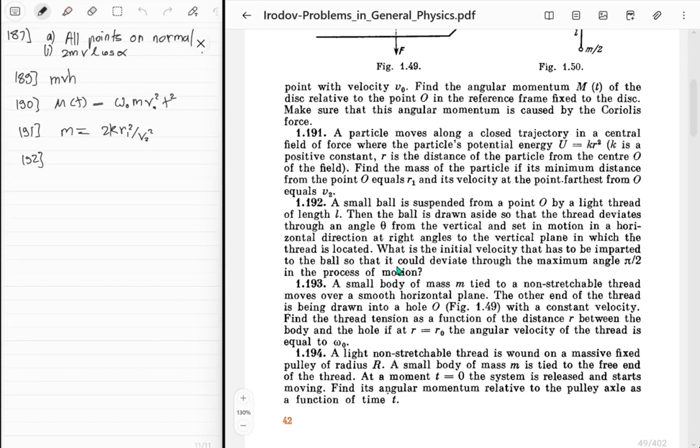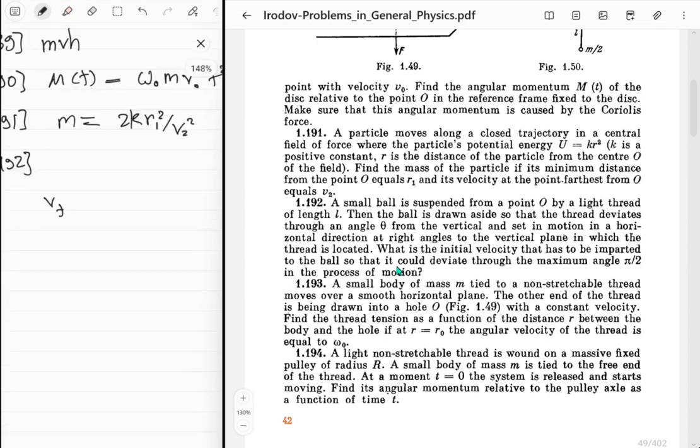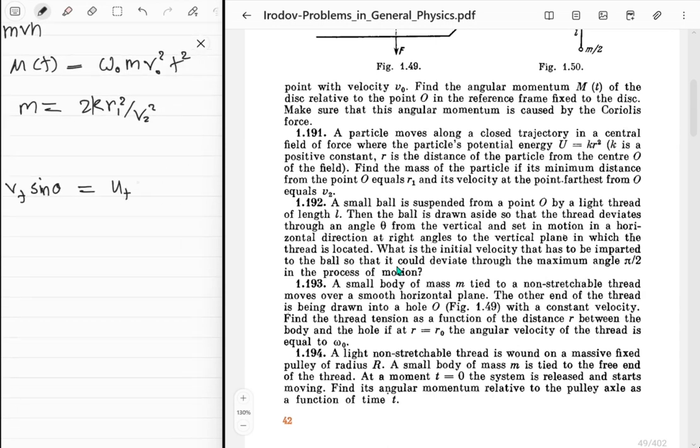Using that equation, you can write v tangential times sine of theta should be a constant, and because it's a constant, it should also be equal to this value at the initial condition. So that will just be u tangential sine theta naught, right?